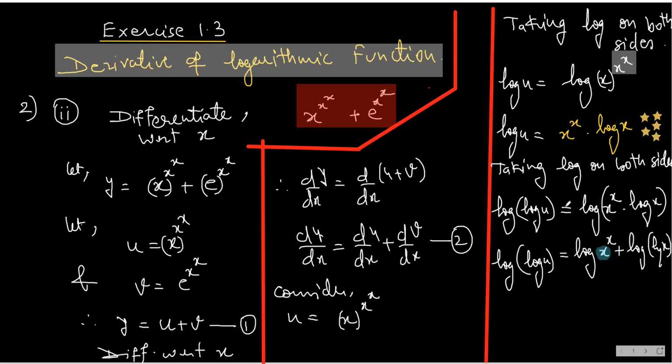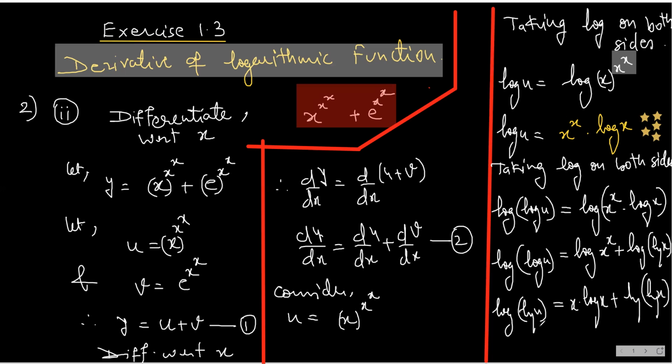You have log of x raised to x, so this x will come down here. So it will now get you log of log u equals x log x plus log of log x. This is what you get.